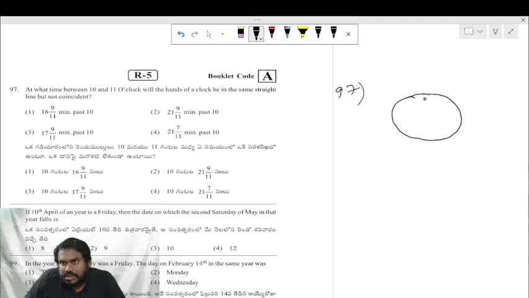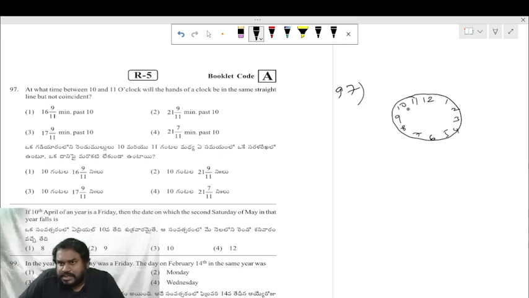So this is the clock. 12, 9, 10, 11, 8, 7, 6, 4, and 5.